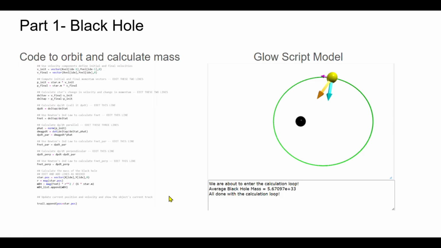And at the very end, I just averaged all the data points. The code calculates the force at each point around the black hole, and I just had it average all of those in order to find the average mass of the black hole. And that came out to be this number here.